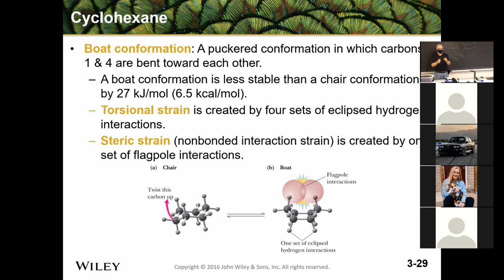In the boat conformation, two carbons are above the plane of the ring. This is less stable than the chair. These hydrogens right here, up at the top, are called flagpole hydrogens. If you imagine the boat, you've got a flag here at the bow and one at the stern.